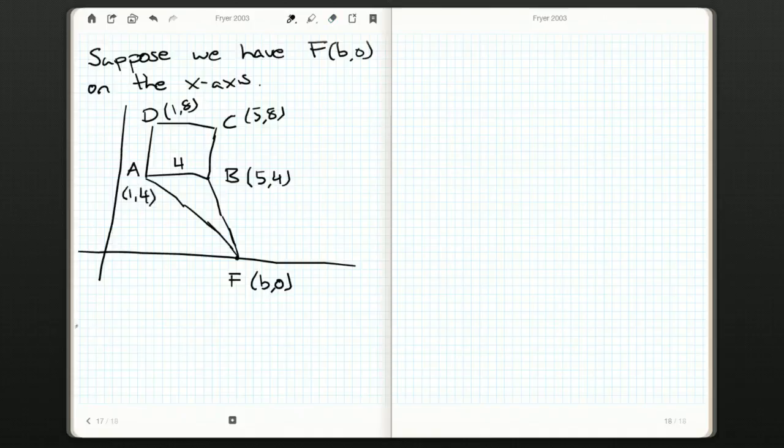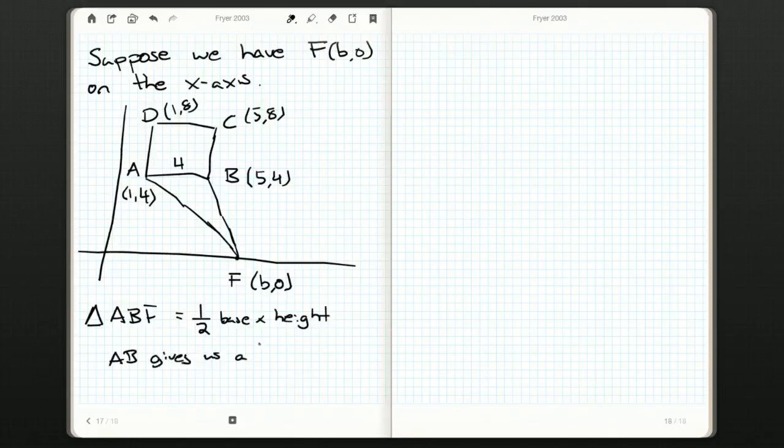Okay. So the area of ABF is 1/2 base times height. Okay. Well, AB gives us a base.